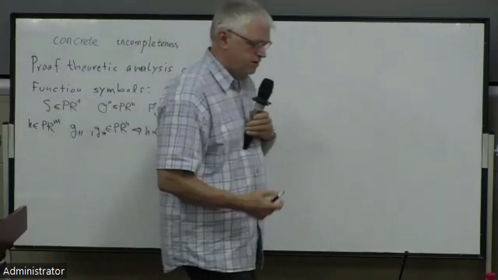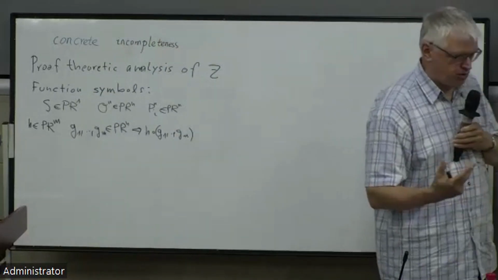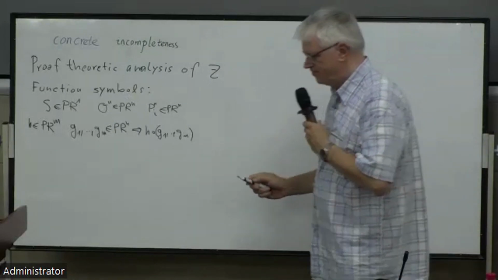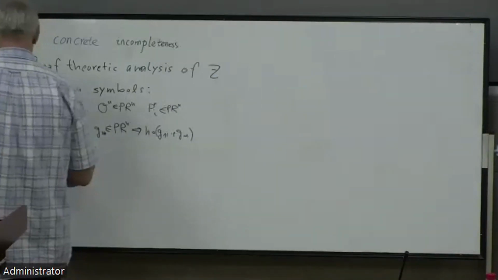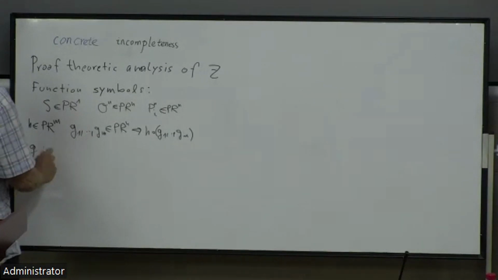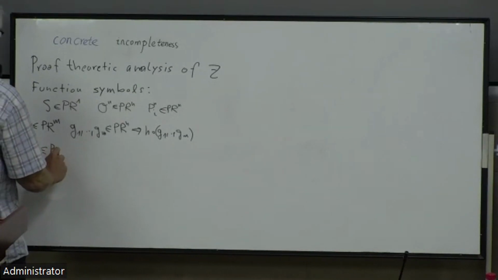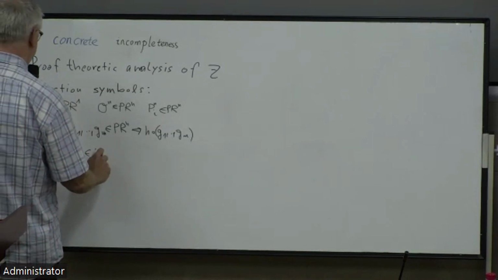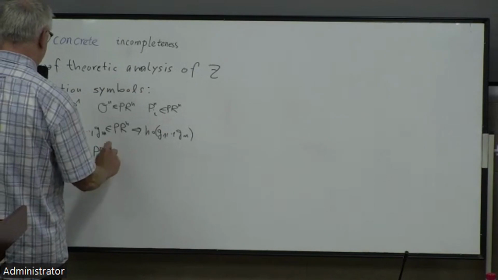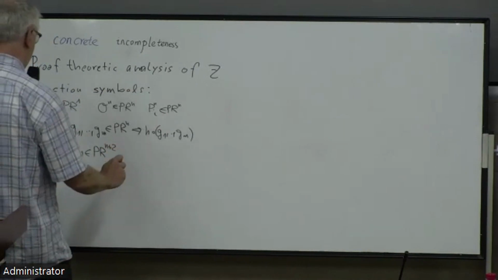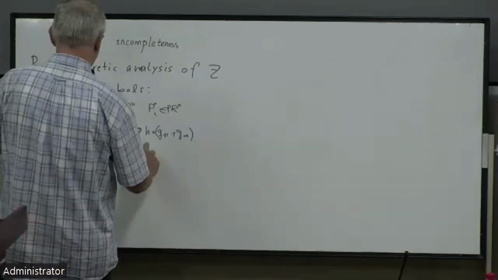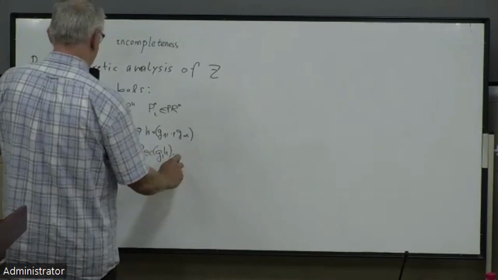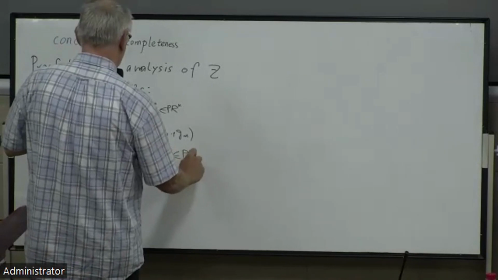Finally, given two primitive recursive functions, I want to define a function which can be defined by recursion. So assume that g is a function symbol of arity n, and h is a primitive recursive function symbol of arity n plus 2. Then I have a function symbol rec g h. This will be a function symbol of arity n plus 1.